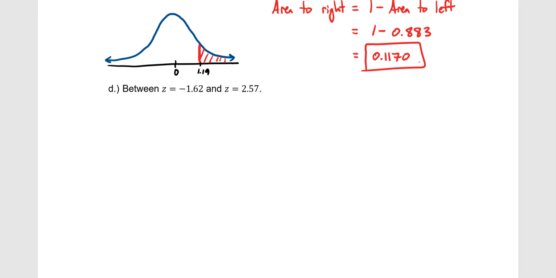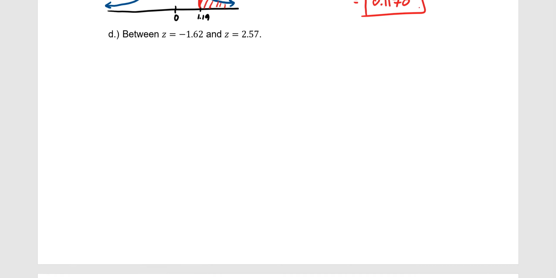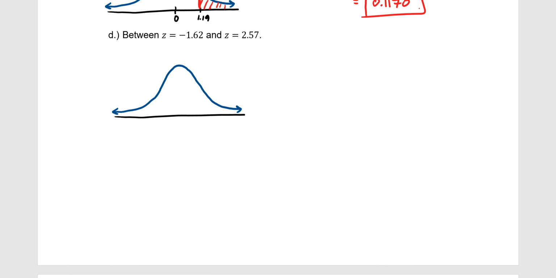For the next one, even a little bit harder, but these are all of the different questions that we can be asked. We want the area between -1.62 and 2.57. So we want to find this area here. -1.62 is maybe about right here, and positive 2.57 maybe all the way up here.